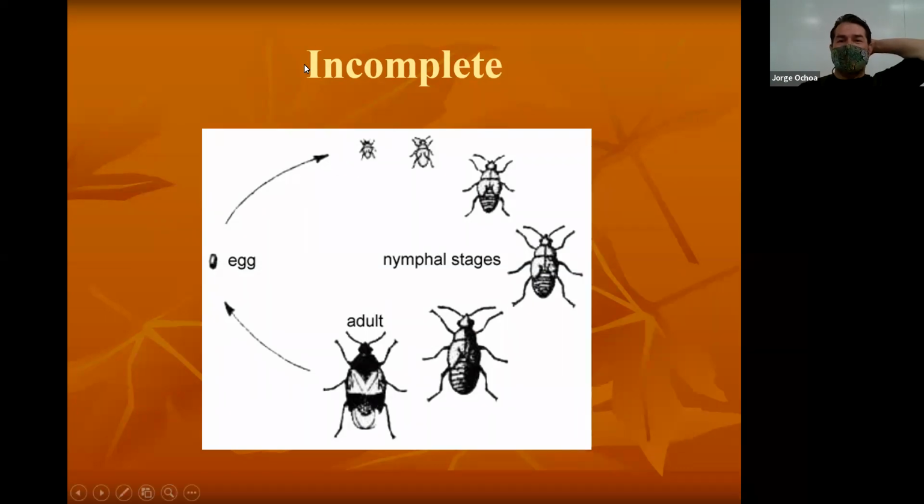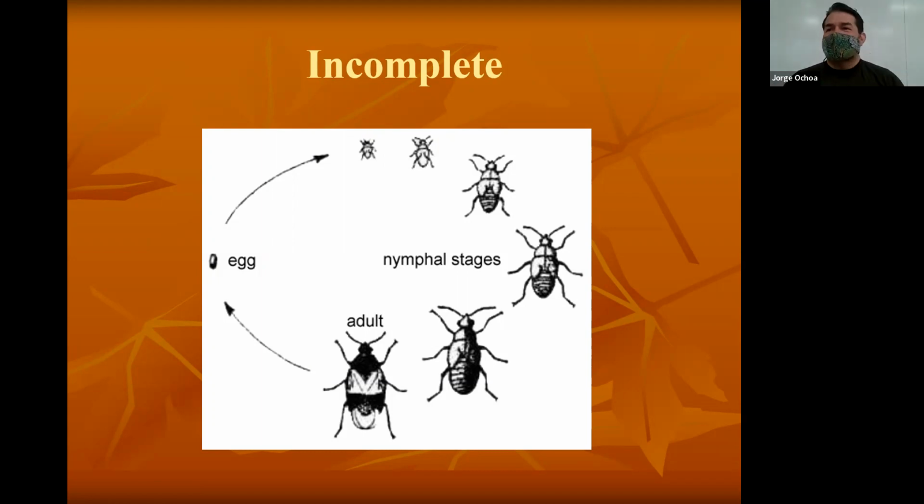And so when you have an incomplete life cycle, the baby insect is going to look like a small version of the adult. The other important thing that you need to know is that insects have their skin on the outside. They have an exoskeleton that is going to be rigid. And that's what's going to allow it to be able to walk upright or be able to stand and move around.